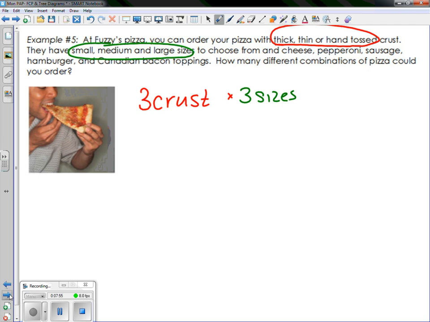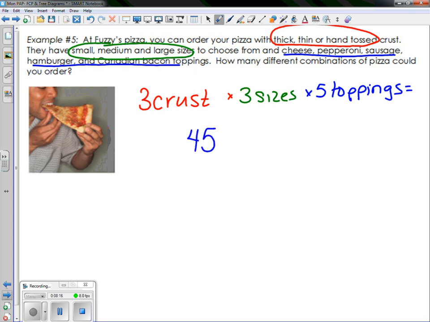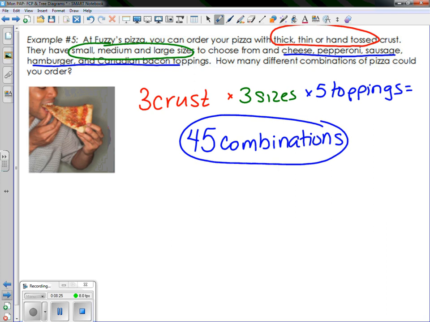And then lastly, we have 1, 2, 3, 4, 5 toppings. We're going to multiply 3 times 3 times 5, which would be 45 combinations. Now, you can make your tree diagram to verify this, but that's going to be one big tree diagram.